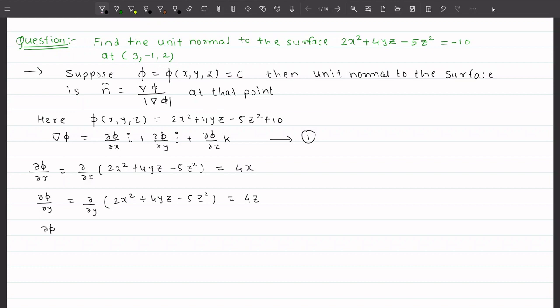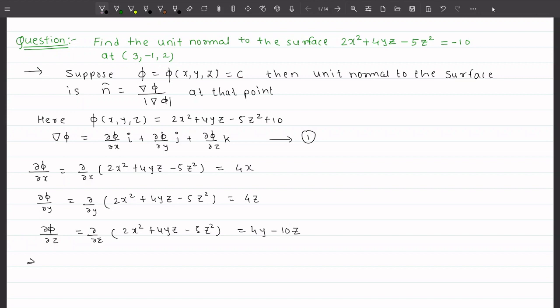Now ∂φ/∂z of 2x² + 4yz - 5z². 2x² is independent of z, so it is 0. 4yz gives 4y, and minus 5z² gives minus 10z.